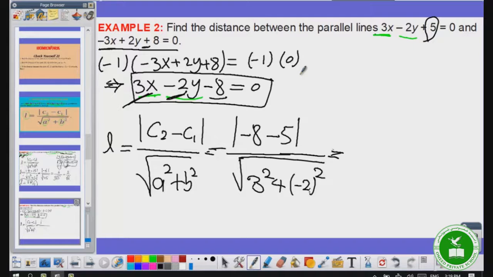From here it becomes 13 divided by under root 13.